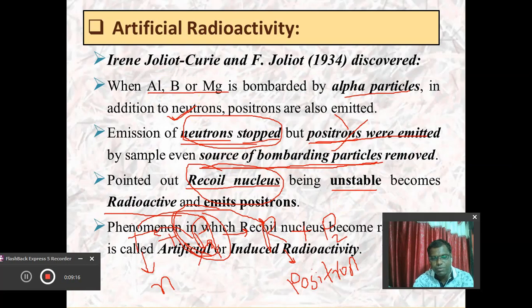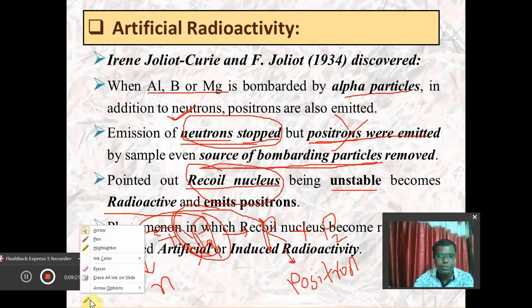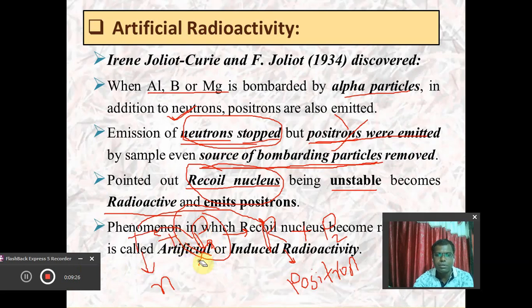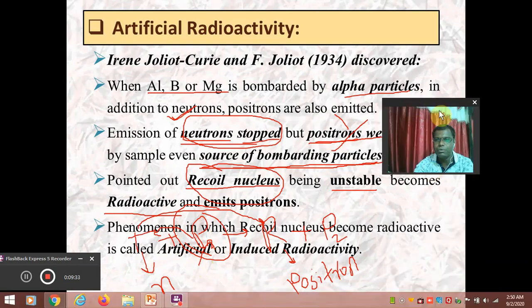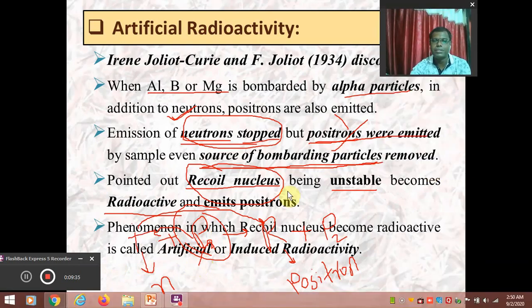The phenomenon in which a non-radioactive nucleus is converted into a radioactive nucleus is called artificial radioactivity, or we can say the phenomenon in which the recoil nucleus becomes radioactive, becomes unstable, is called simply artificial or induced radioactivity.